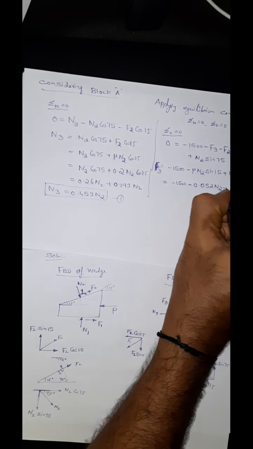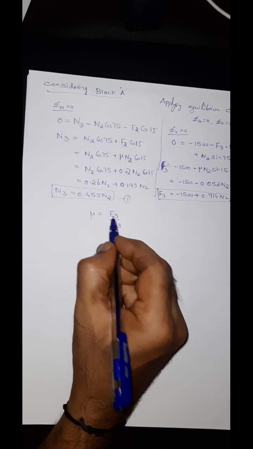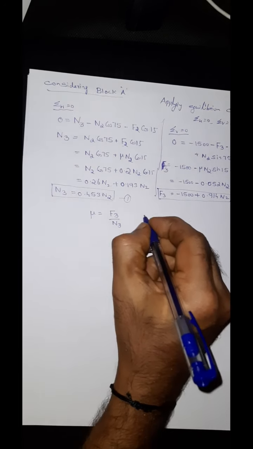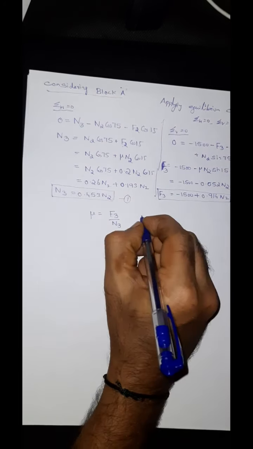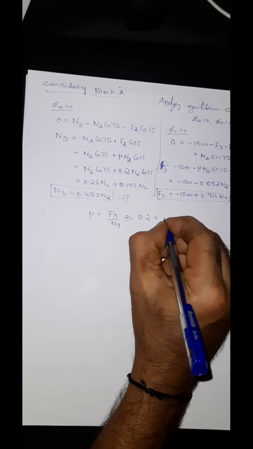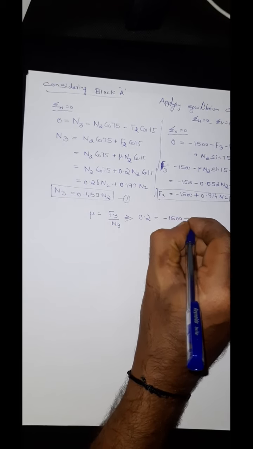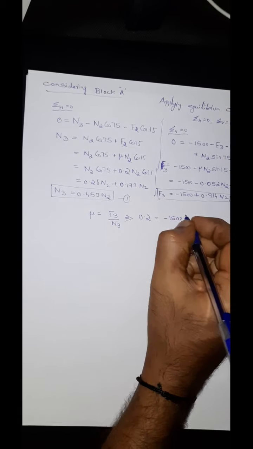mu equal to F3 by N3. Coefficient of friction equals limiting friction over the normal reaction. So mu is 0.2, so 0.2 equal to, what is F3? F3 is minus 1500 plus 0.914 N2. What is N3? This you can mention as 2.